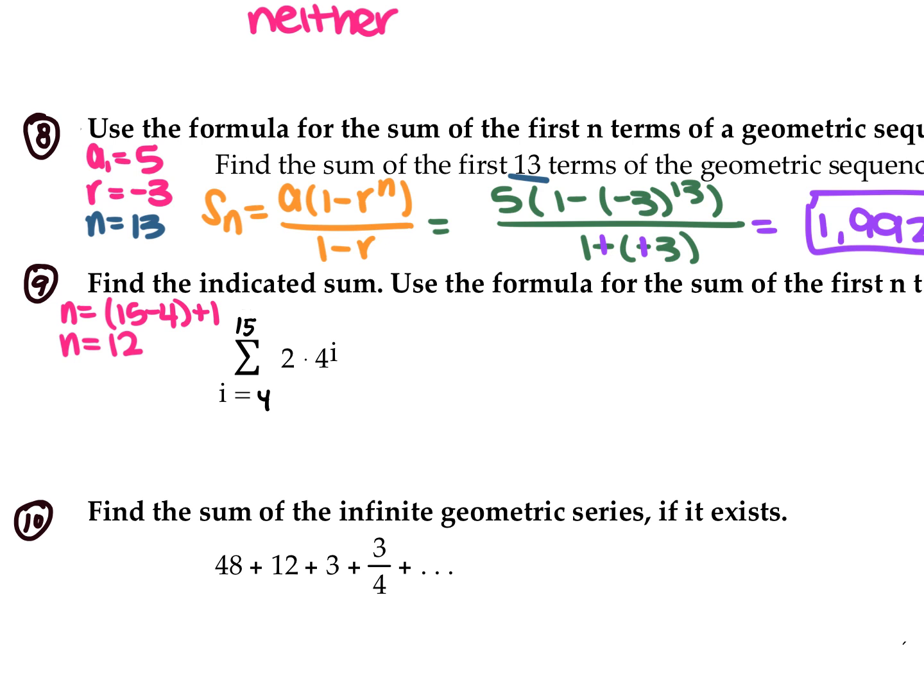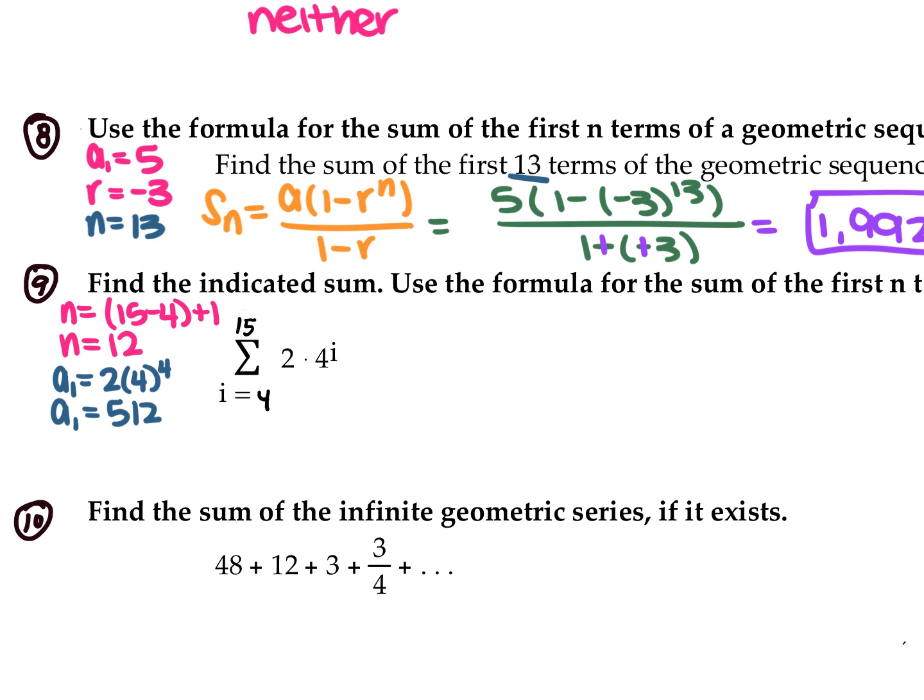Your a sub 1 can be found by plugging the 4 in for i. That's 2 times 4 to the 4th power, which is 512. You don't need a sub n because this is a geometric sequence.